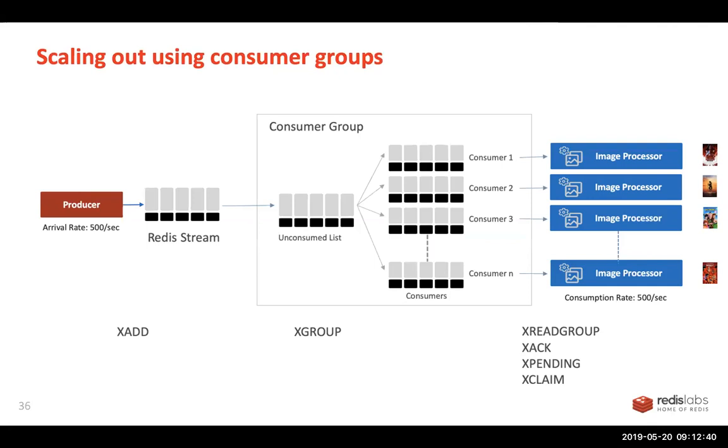And then if the record is not processed correctly, or if you go down and never provided an acknowledgement, then another consumer can actually claim the pending records. And so this is one of those cases where you might have a consume at least once scenario.